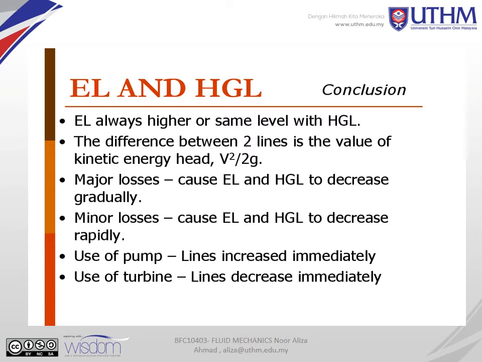Actually, this is the explanation about the EL and the HGL. You can explain using this if your finals ask you to list the differences between the EL and the HGL. EL is always higher than or at the same level as HGL. The difference between the two lines is the value of the kinetic energy head.